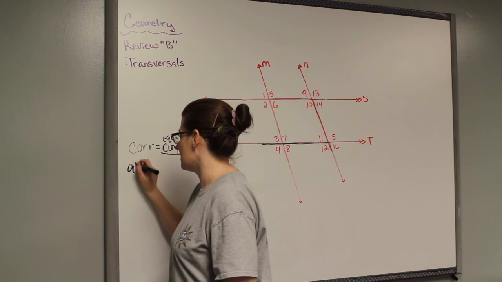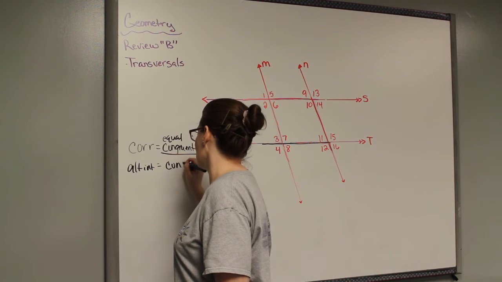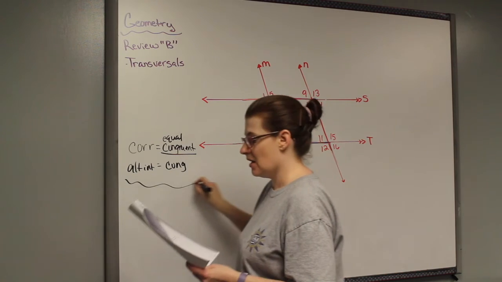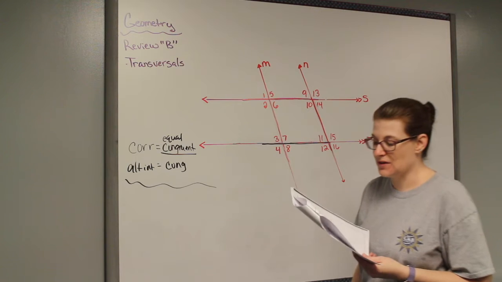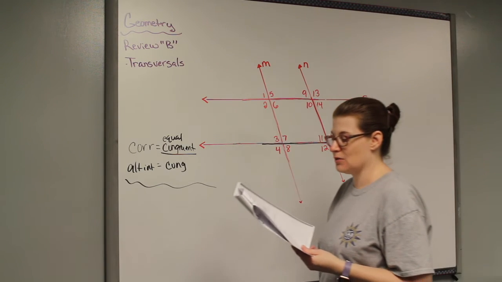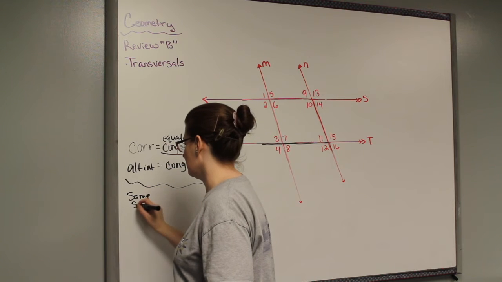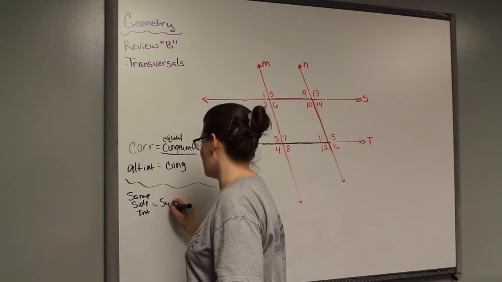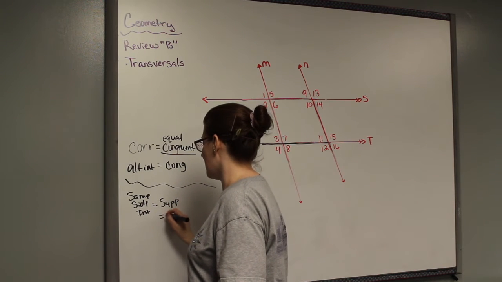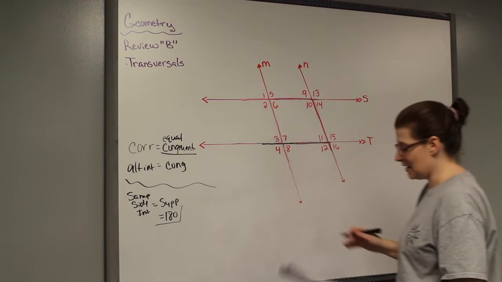So alternate interior are also congruent, which means equals. And then the last one says if two parallel lines are cut by a transversal, then the same side interior angles are supplementary. So same side interior are supplementary, which means they equal 180 degrees between the two angles. Okay, so that's the information we need.